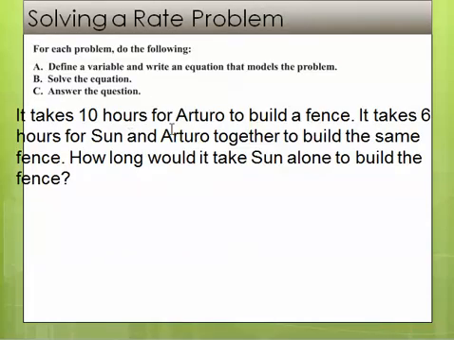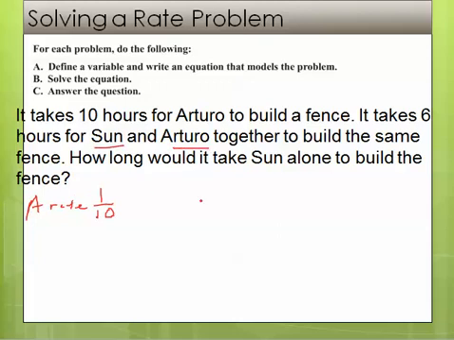It takes 10 hours for Arturo to build a fence. That means I would set up a little thing saying that Arturo has a rate of 1 over 10. It takes a total of 6 hours for Sun and Arturo together.